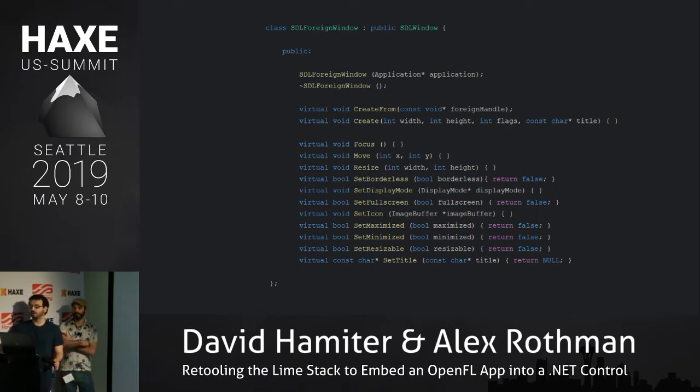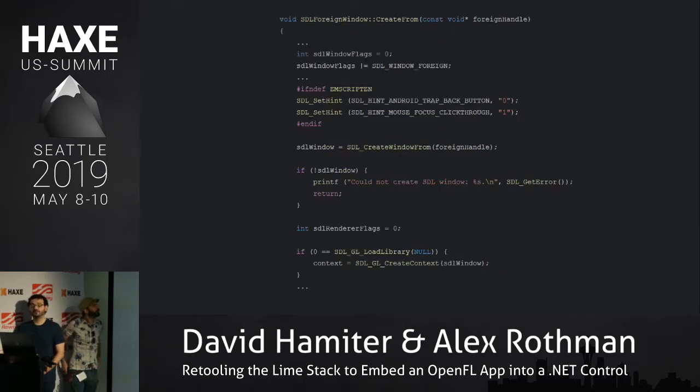So you see all our overrides here are no-ops. So we just extracted all of the operations that could dangerously change the window. And you'll see the create method is also a no-op in this case, and we've added a create from declaration.